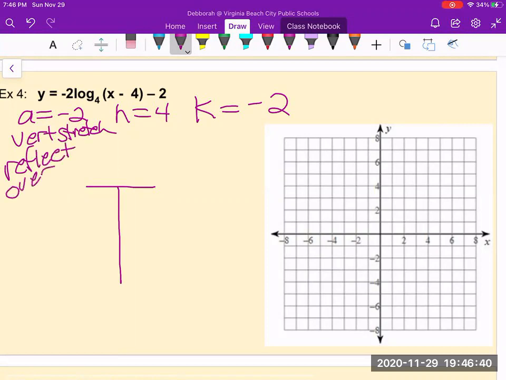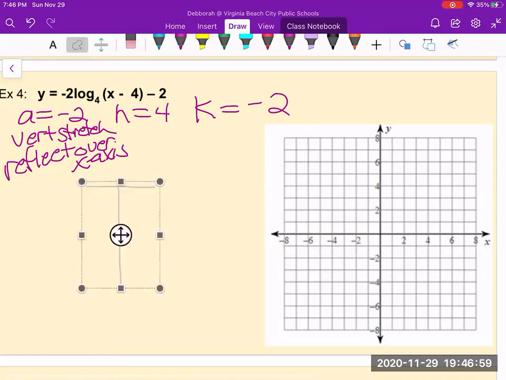I'm going to run out of room there, so let me do that here. Okay, and I'll just give myself some more room here. Bring this down a little bit.